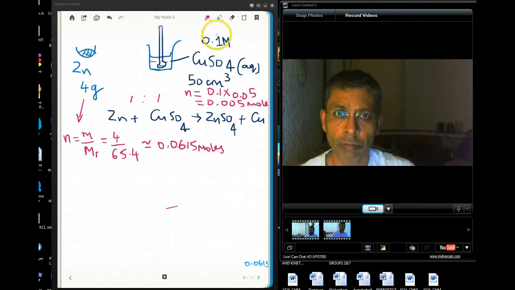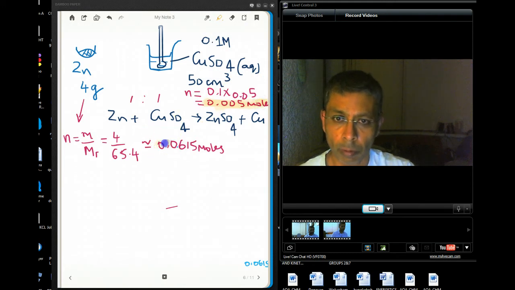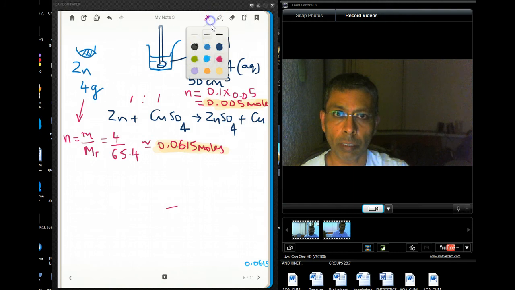So you've got two different values for moles, and so we know which one to divide by: the smaller mole value.